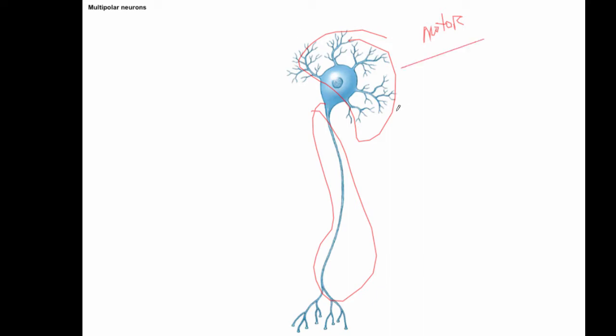But we also have all those neurons that make up the brain and the spinal cord that do the interpretation and the processing of those sensory signals to decide what motor command to do. So multipolar neurons also act as interneurons. And these are what we find in the central nervous system as interneurons.